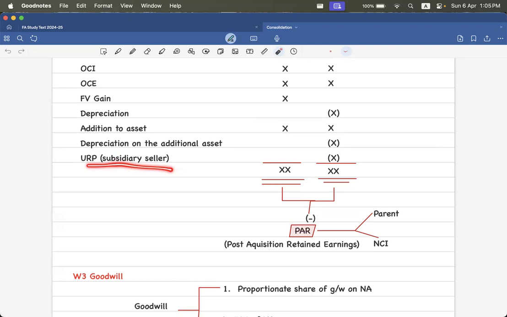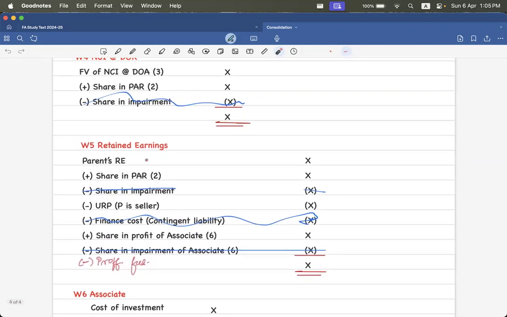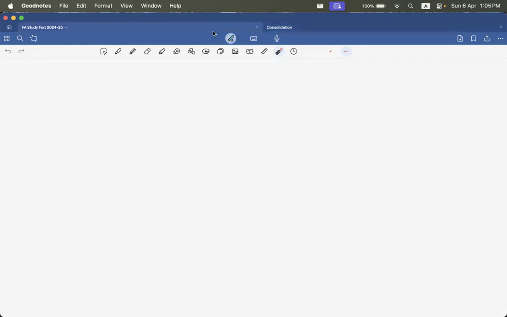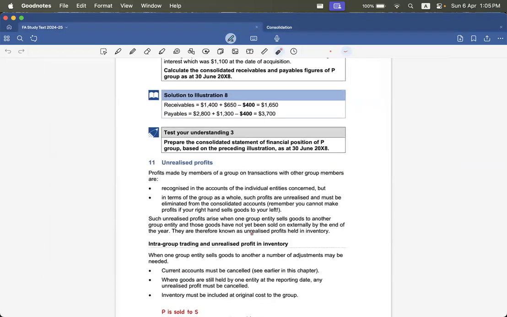If the parent is the seller, you remove it from working note 5, group retained earnings.